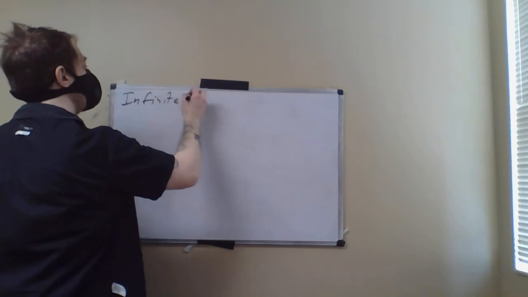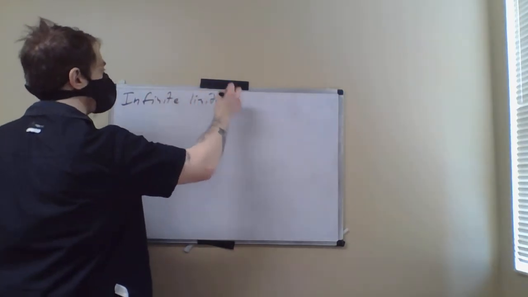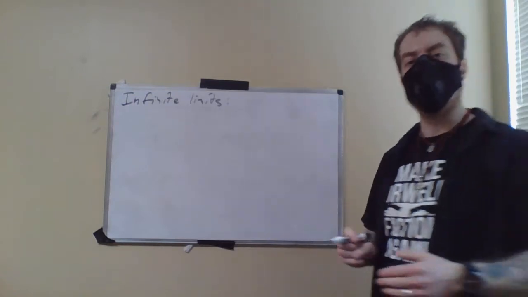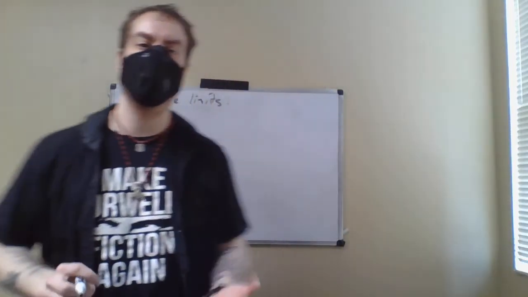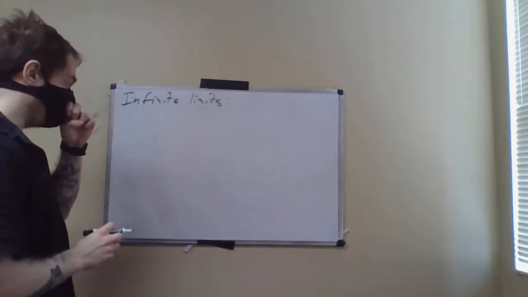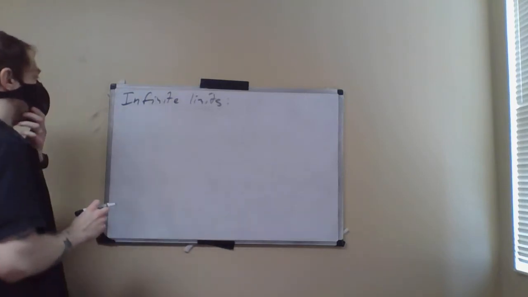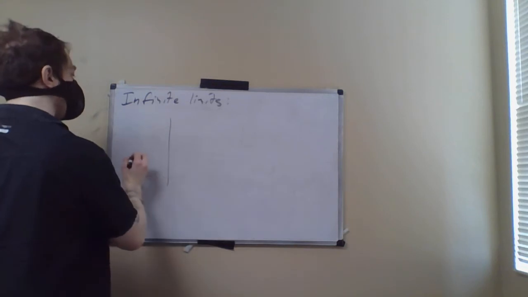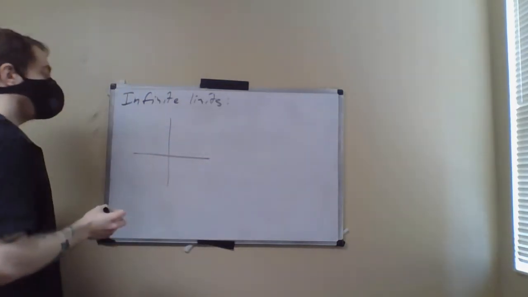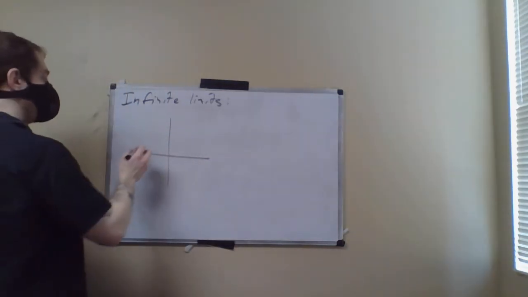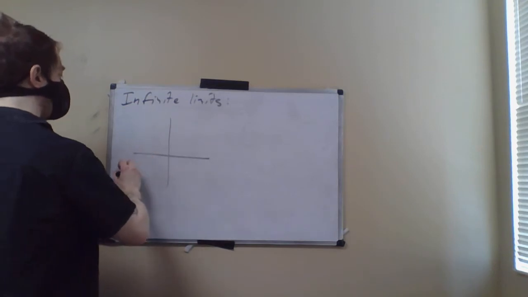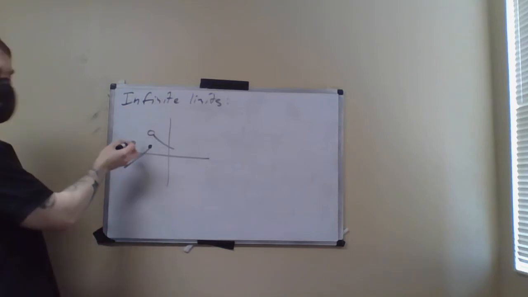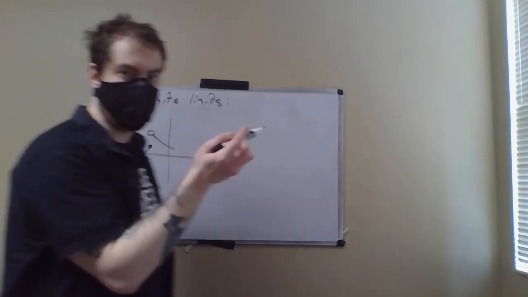Now, the thing about infinite limits is this. There's a few different ways that a function can fail to have a limit. Let me just draw a few examples. I could fail to have a limit because at a given point, I don't have the same limit on the left as on the right. So in this case, my function does this jumping business.